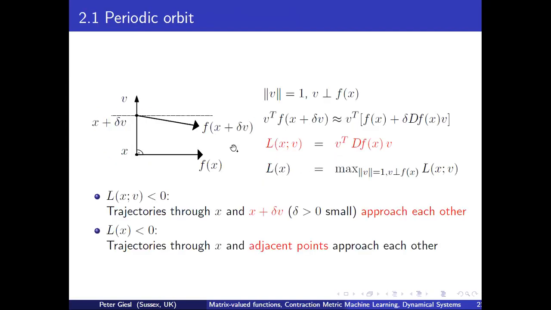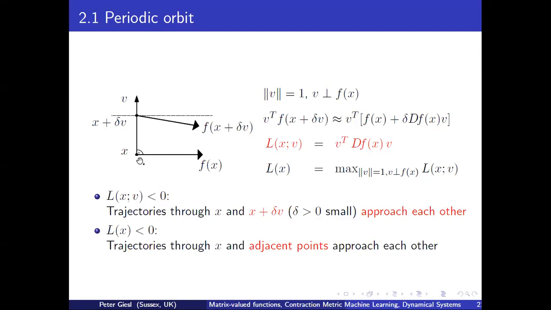Now, let me try to explain this criterion for a periodic orbit, because, first of all, it's easier to see, and then it's also more interesting for this one. We will later focus more on equilibria, mainly because it's less technical, but for this one, let me explain it for a periodic orbit.